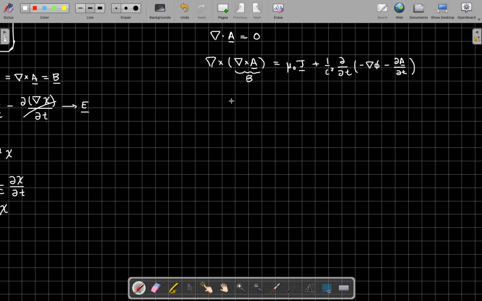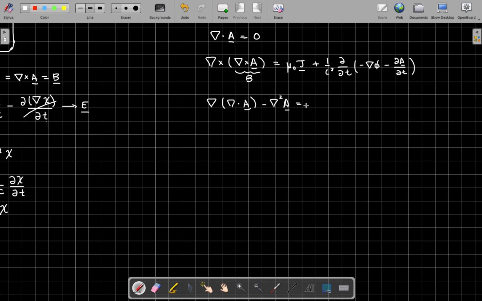Next, this is equal to the gradient of the divergence of A minus the vector Laplacian of A. And what is this equal to?